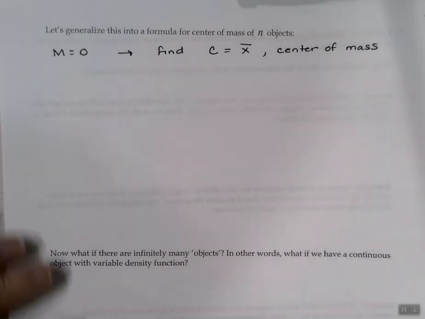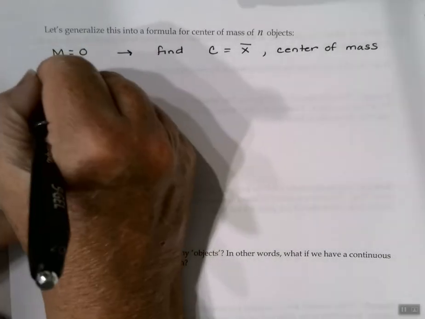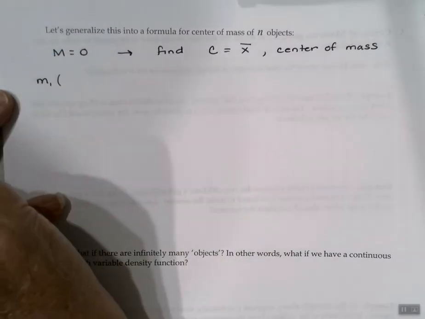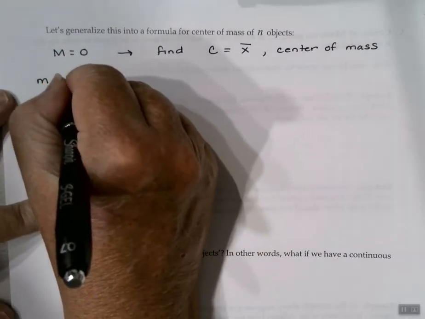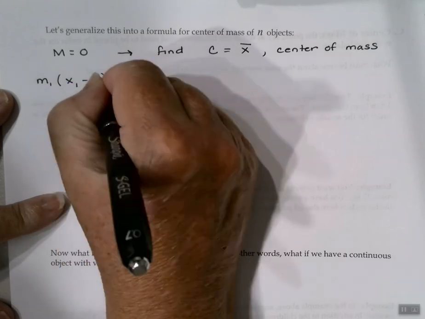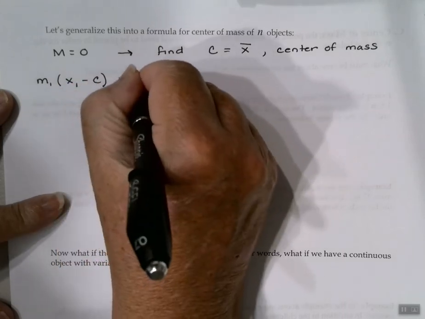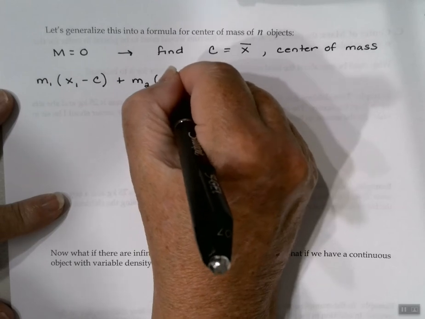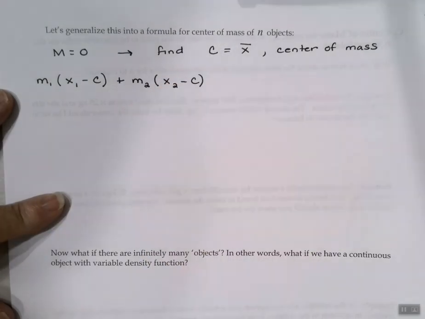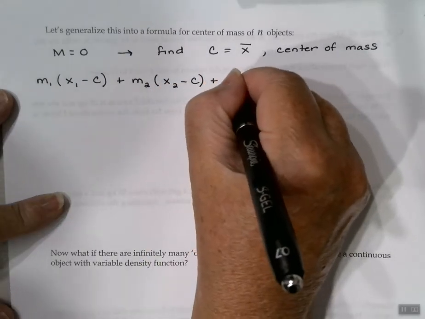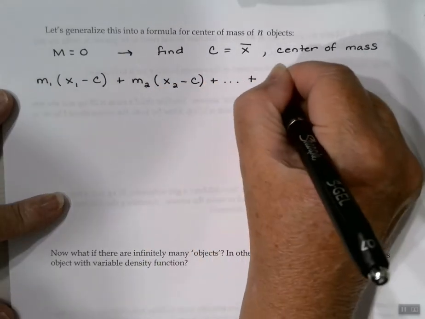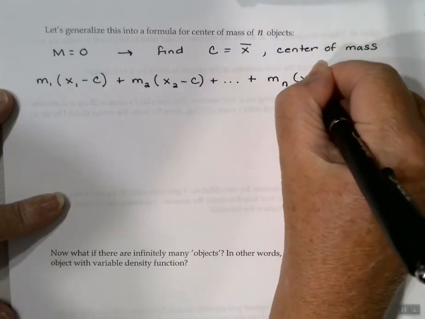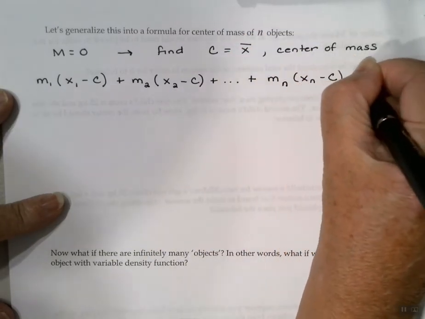So if I use that same idea, I could say I'd have my first mass, m1, times its distance from the center, x1 minus c, plus I'd have my second mass, times its distance from the center, x2 minus c, and so on and so forth, until I get to my last, or nth, mass, times its distance from the center.